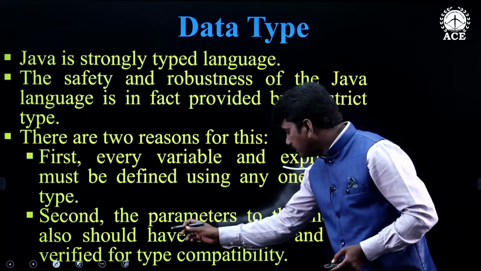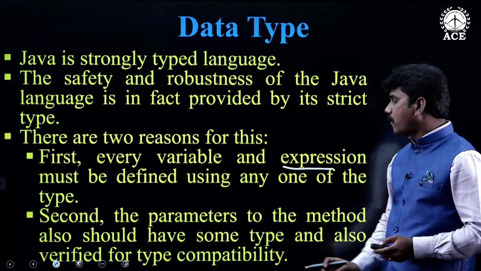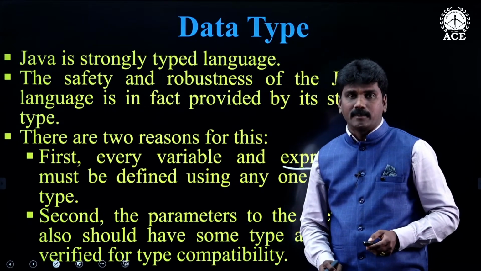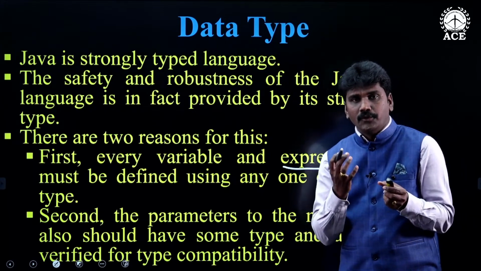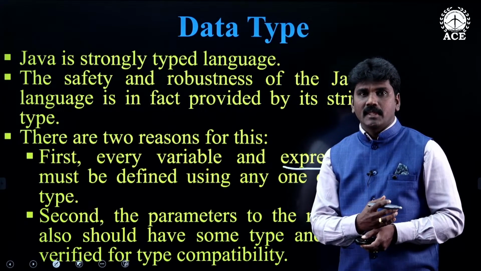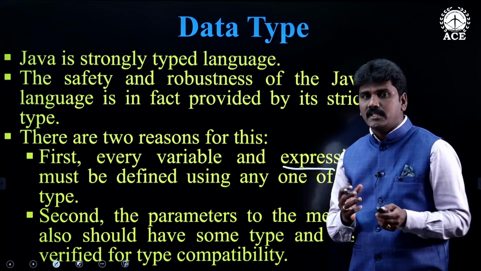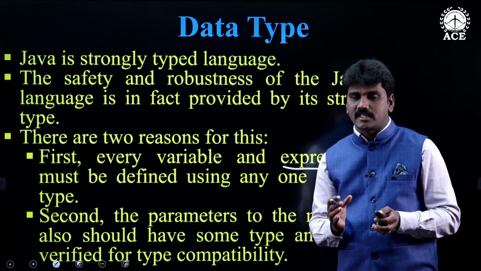And the second one, the parameters to a method also should have some type and are also verified for type compatibility. Means if we are using some methods in the program, the methods may contain some parameters. What are these parameters? We will see later, don't worry at this stage.